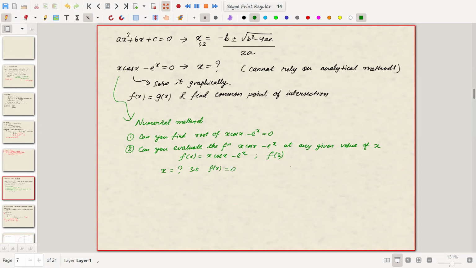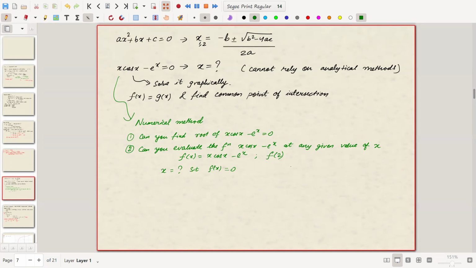That is our aim, isn't it? That's what we are exploring here. Everyone understood this part or no? To do that, we will just evaluate the function in such a way that f(x) turns out to be 0 or close to 0. Then we will say we have the root.